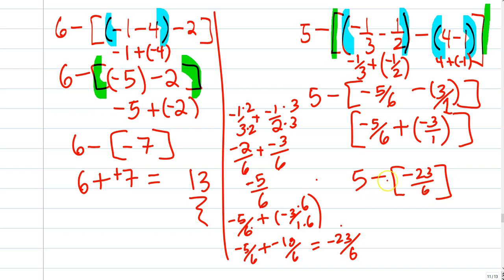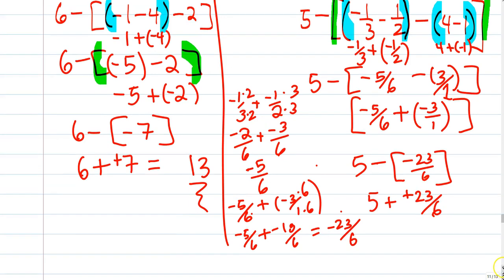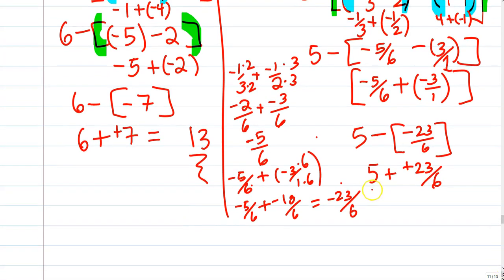Almost there. 5 minus a negative. How do I subtract a negative? Stay, change, change. And last but not least, I have 5 over 1 plus 23/6.